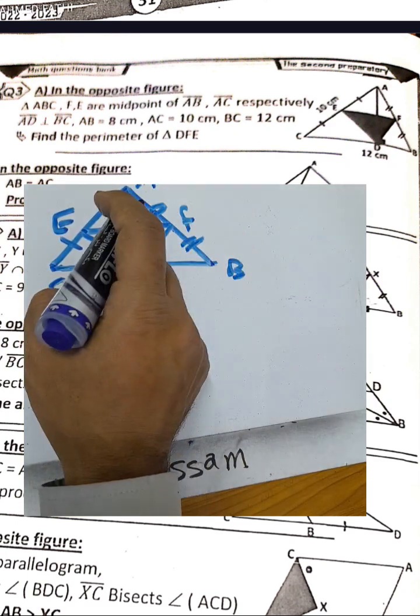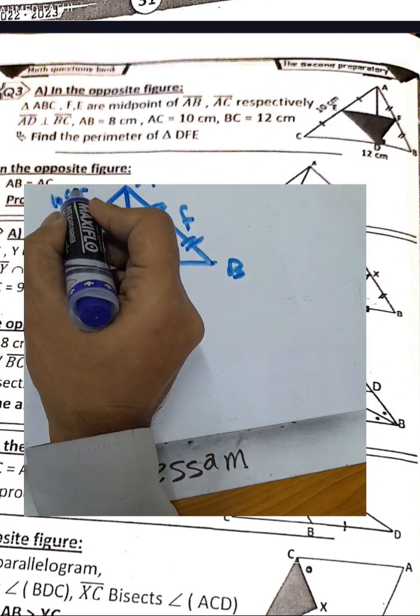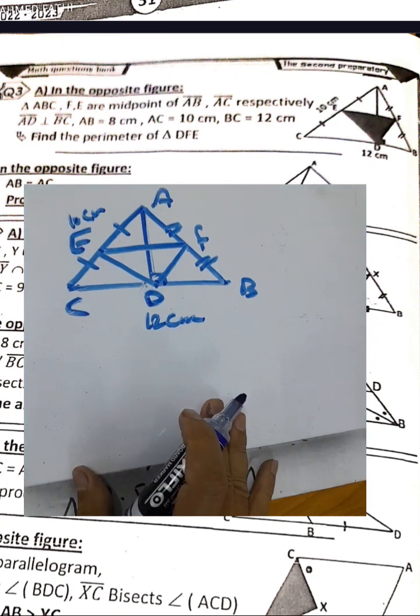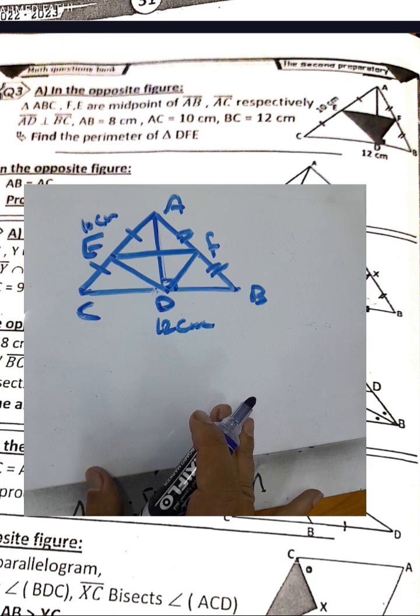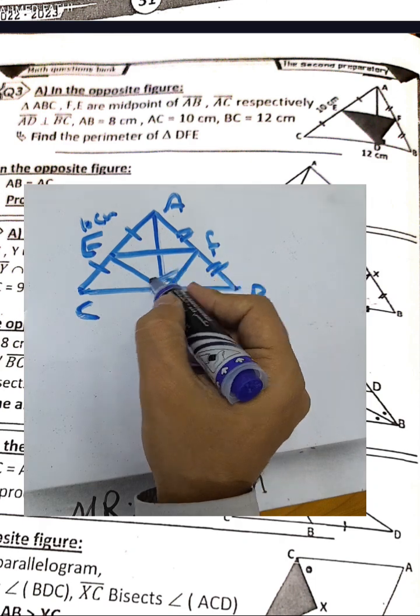It's the median, and here is the median, and it was 10 centimeters, and this side length was 12 centimeters. We want to find the perimeter of triangle DFE.